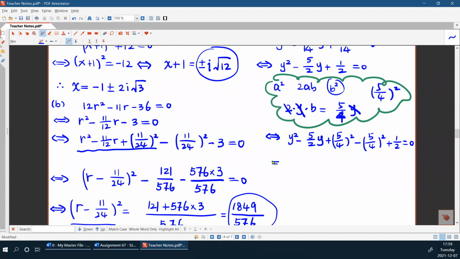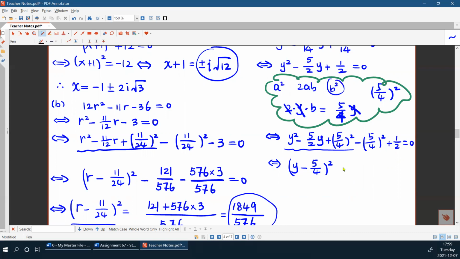Okay, so this is equivalent to, first of all, the first three terms can be rewritten as a perfect square, which is (y minus 5 over 4) squared, right? And if you verify this, this is y squared minus 2ab, which is 5 over 2y, plus (5 over 4) squared, which is exactly as the equation in the previous step, right?